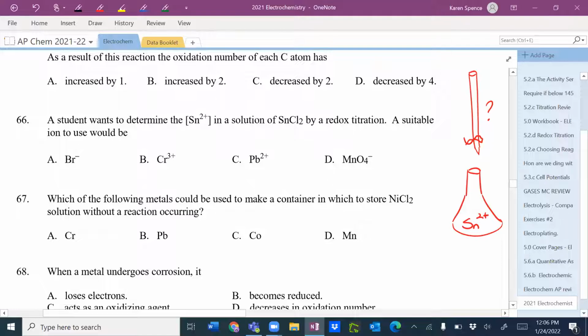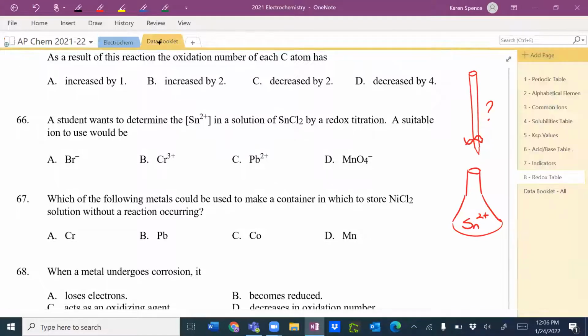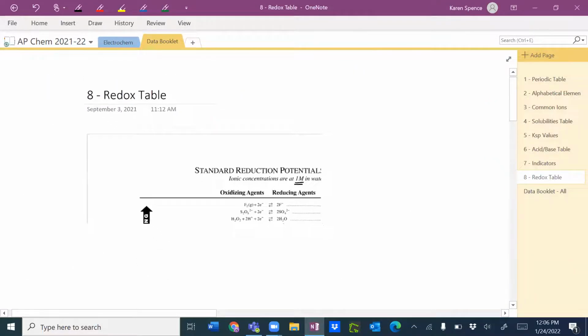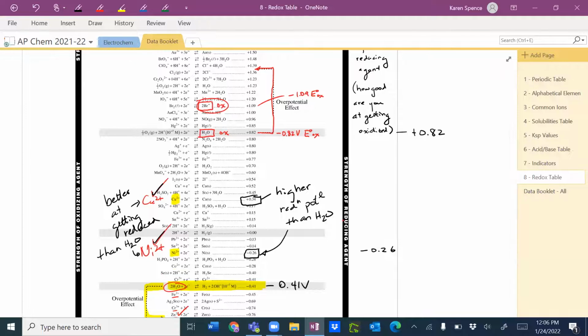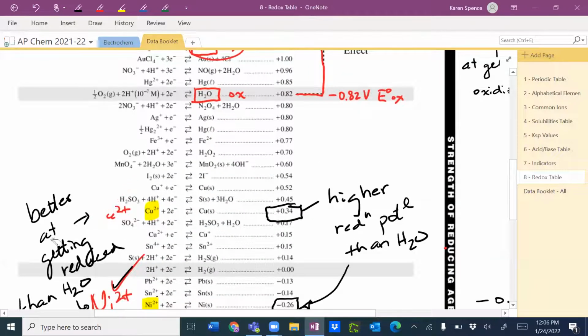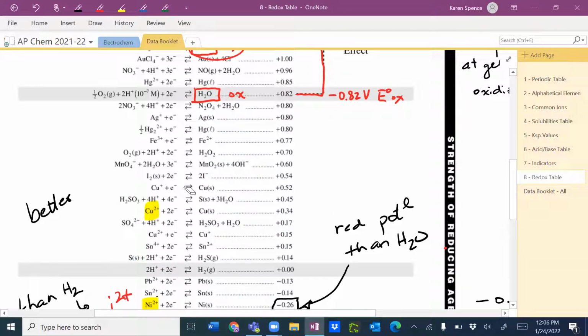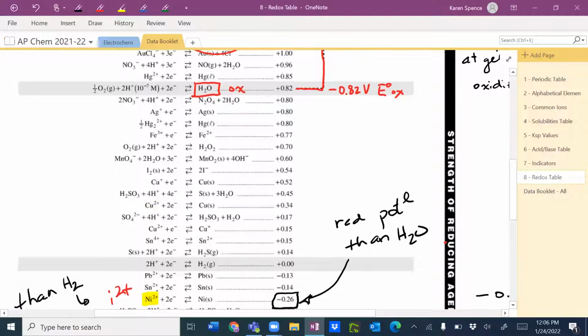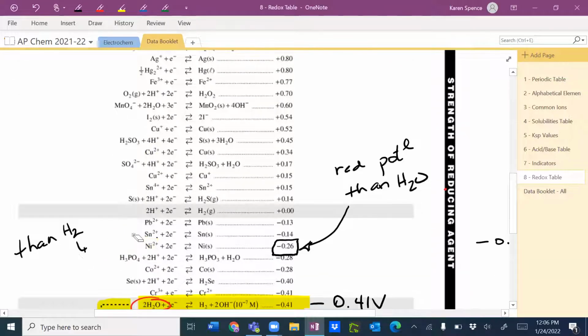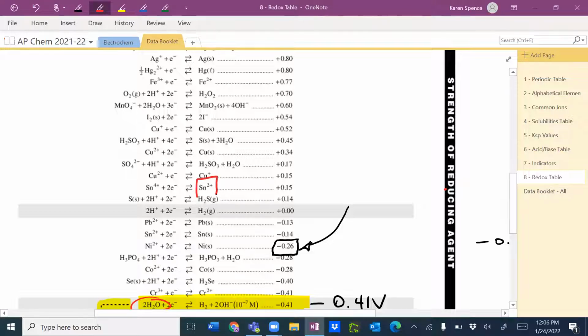So let's go to here, and we're going to look up tin. And tin is on both sides of the table. So we have tin 2 plus here above the hydrogen gray line, and we have tin 2 plus here below the hydrogen green line.